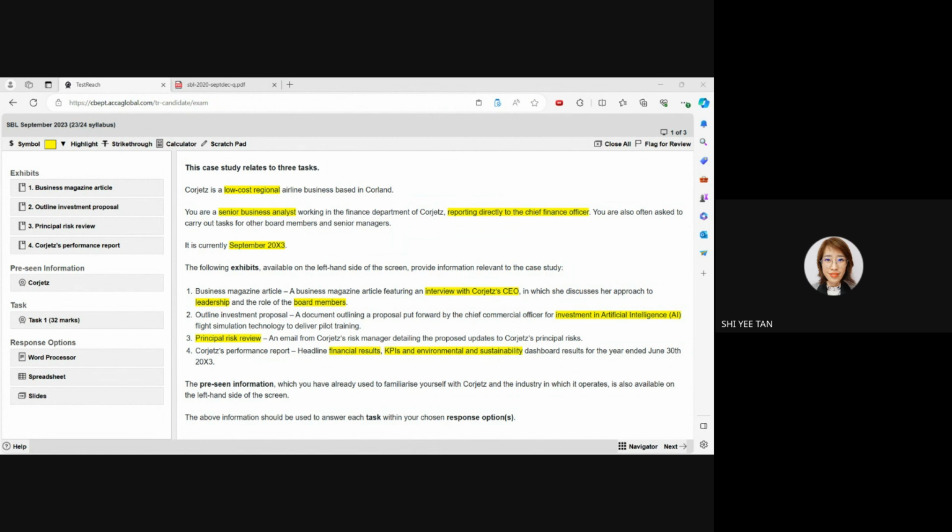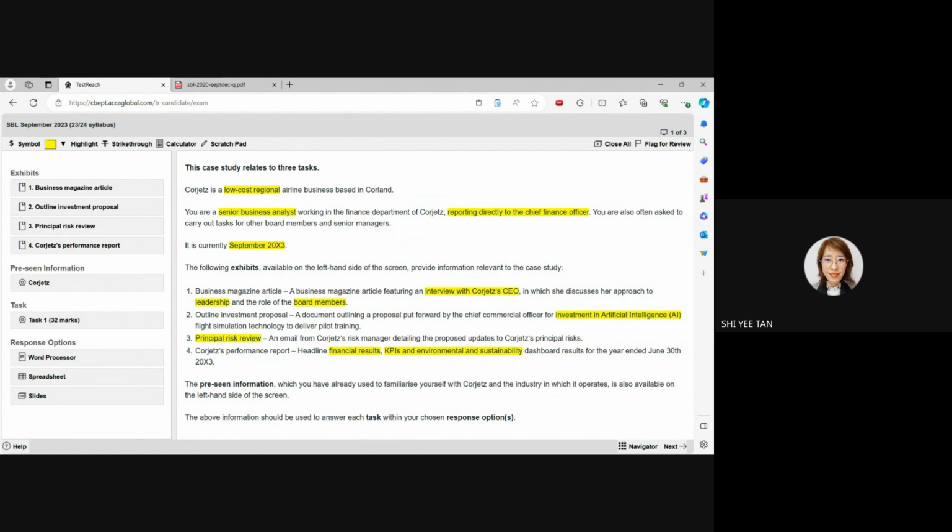Okay, right. So, the following exhibits available on the left-hand side of the screen provide information relevant to the case study. The first one, business magazine article. A business magazine article featuring an interview with Corjetz CEO. So this information, number one, in exhibit number one, is about the interview with the CEO.